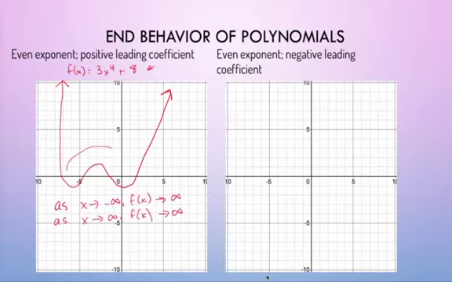If we have an even exponent and a negative leading coefficient, both of the ends are going to point down. So as x approaches negative infinity, f of x approaches negative infinity, and as x approaches positive infinity, f of x approaches negative infinity. Both ends point down.